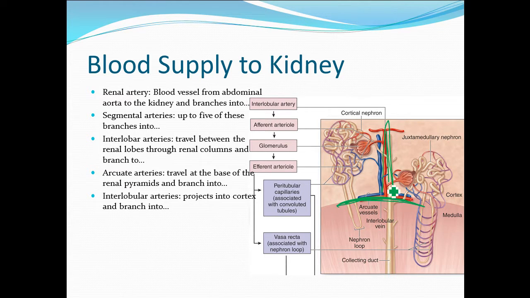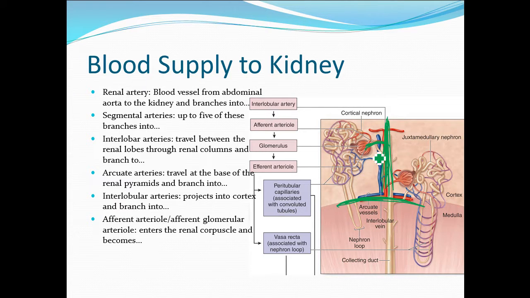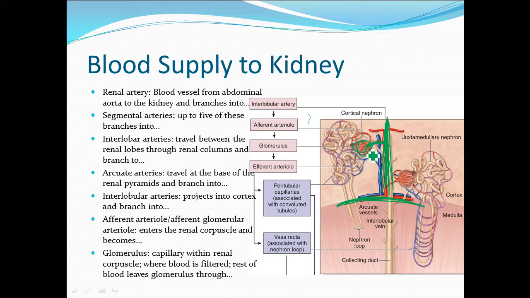Here's the interlobular arteries. And coming off of the interlobular arteries, we have an afferent arteriole. Afferent, once again, bringing blood to that structure right there. And that's the glomerulus, which is a capillary bed over here. And this is where blood is going to be filtered in the kidneys.